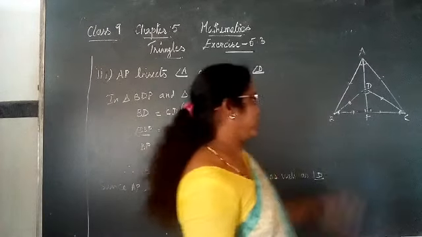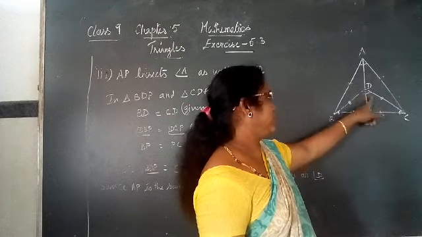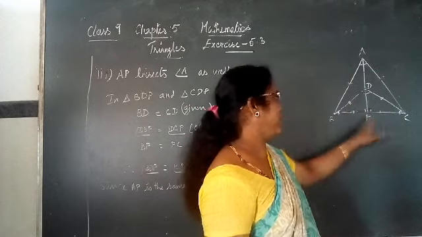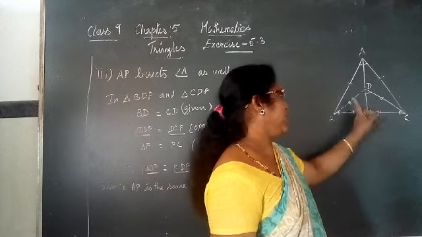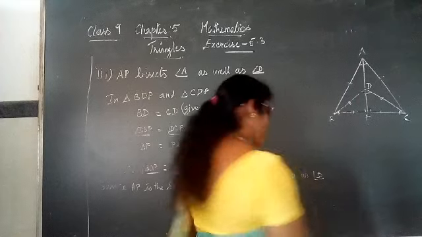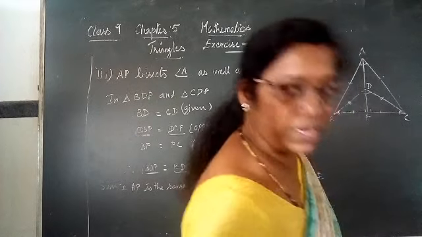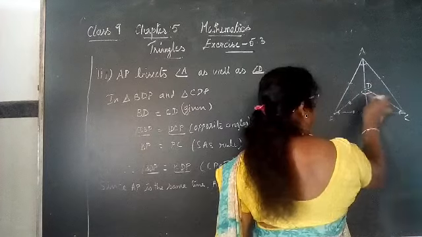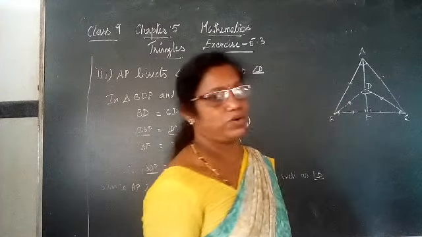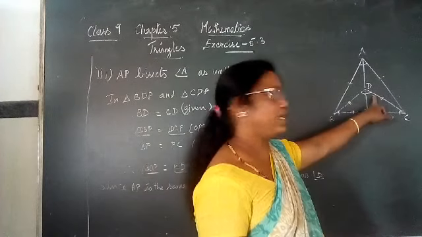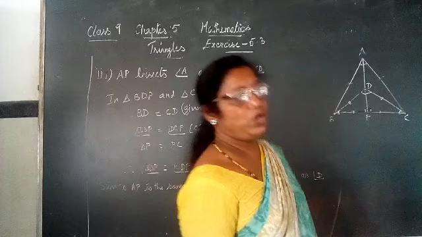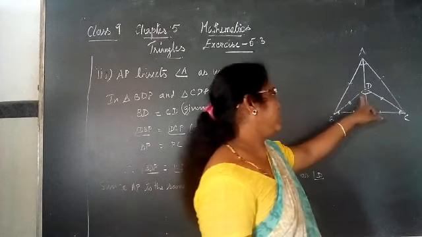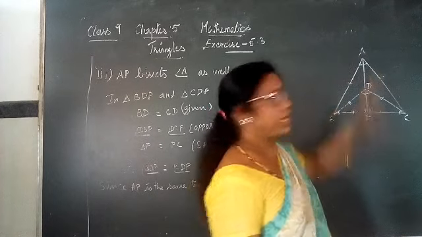If they are congruent, what about the angles BDP and CDP? They are the corresponding parts of the congruent triangles. These two angles are equal according to CPCT. So we have proved that the two angles are equal and here the two angles are equal.